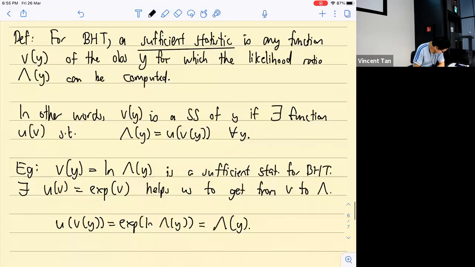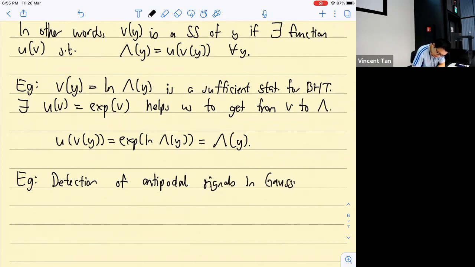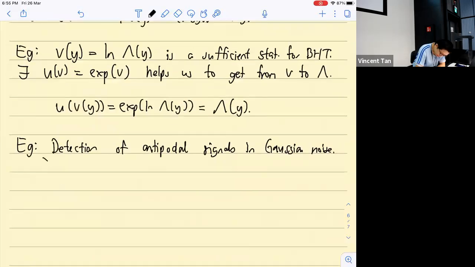This next example is a very classical example, but we'll look at something more complicated later on: detection of antipodal signals in Gaussian noise. The idea is as follows: y is equal to x plus z, and x takes on only two values, minus b and b.